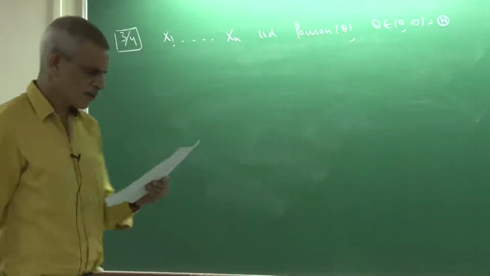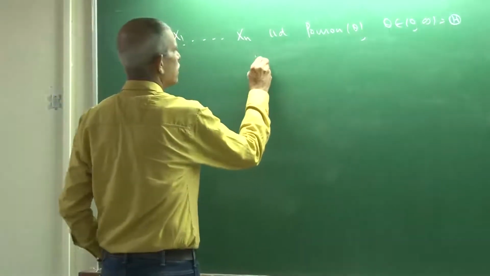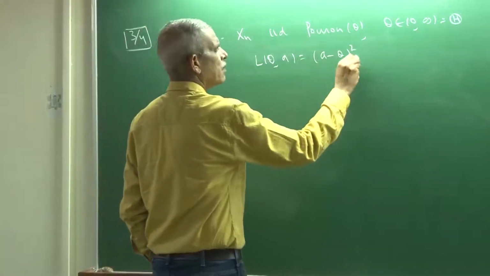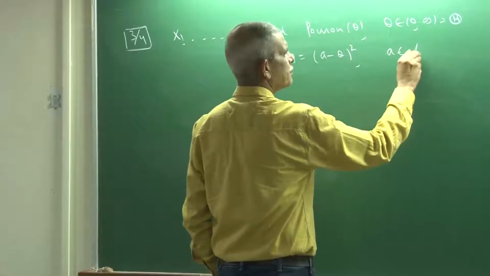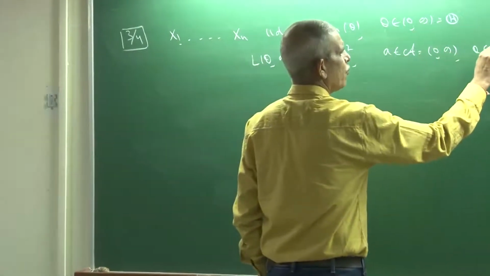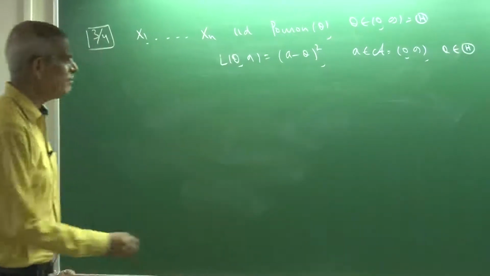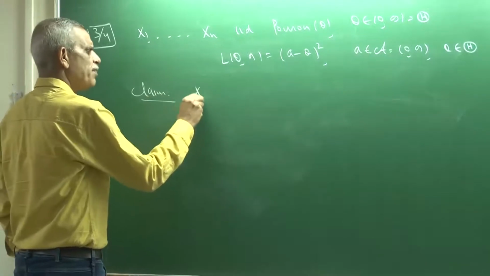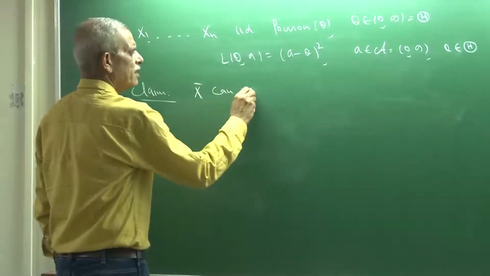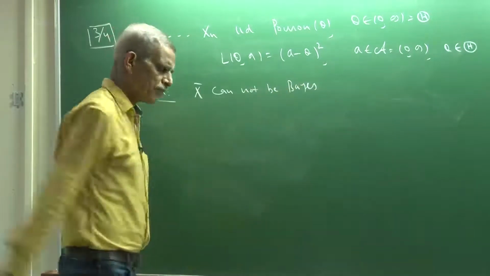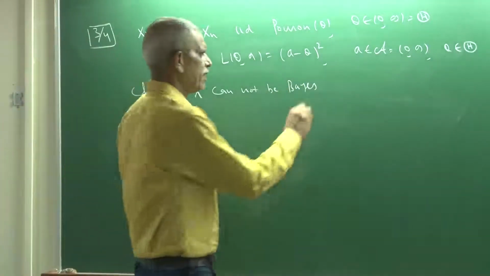Under the squared error loss function, so your loss function is this. What is my claim? X bar cannot be Bayes with respect to any proper prior.